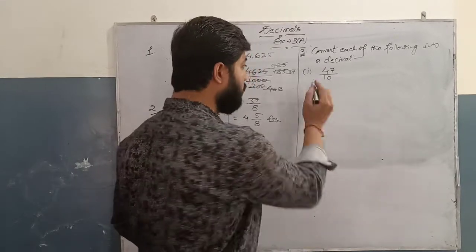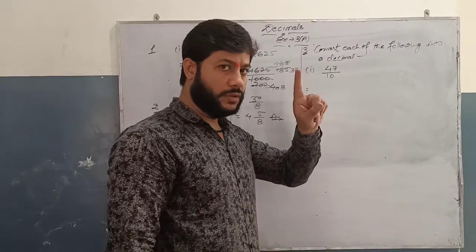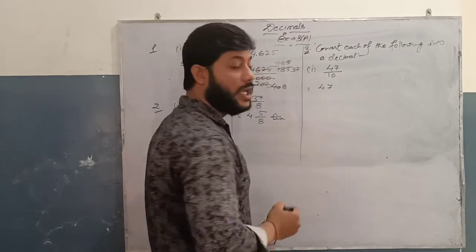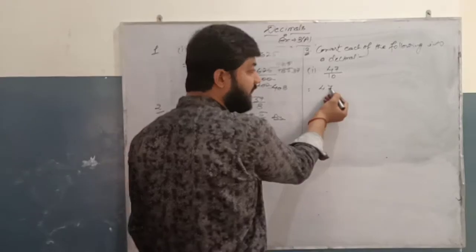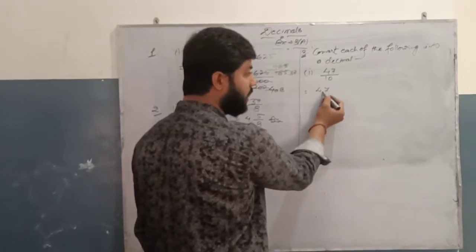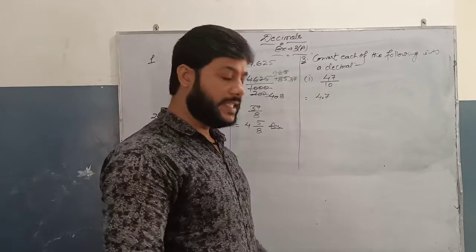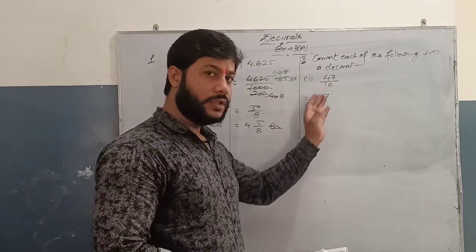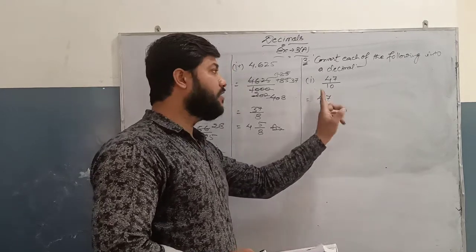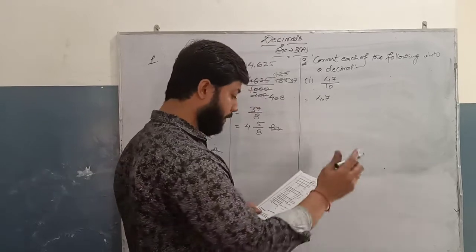It's very simple. We will see the number of zeros here. There is one zero. So we will write 47 and count one digit from the left-hand side, because there is one zero. One digit is here and we will place the decimal here. So that is 4.7. The number of zeros gives the number of digits to be counted, and we place the decimal there.